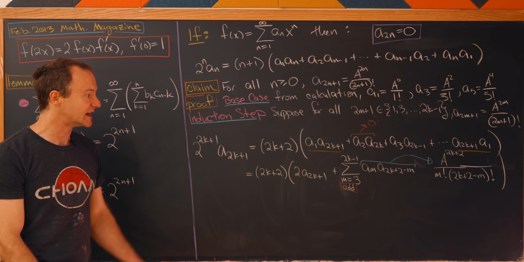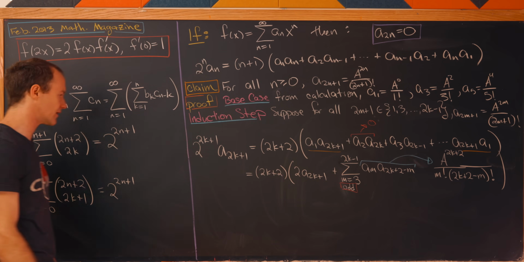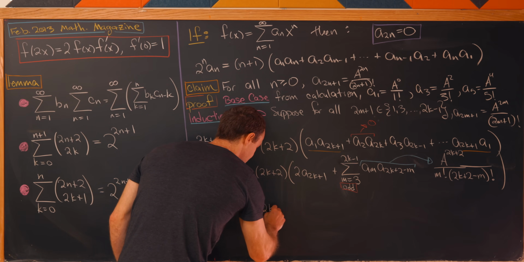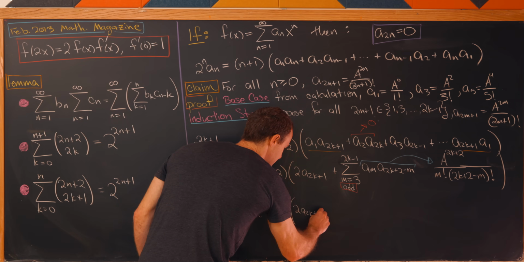And now I'd like to re-index that so it looks a little bit closer to what we have over here. And notice I can do that as follows. So here I'll just bring this down, 2k plus 2, and then we have 2a sub 2k plus 1.